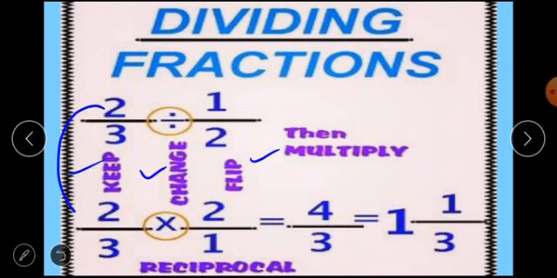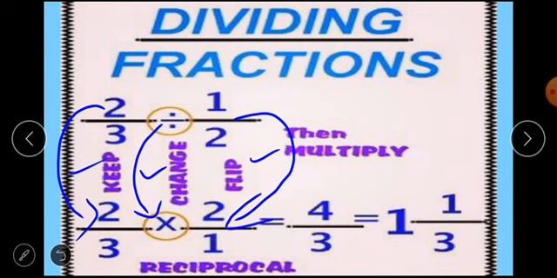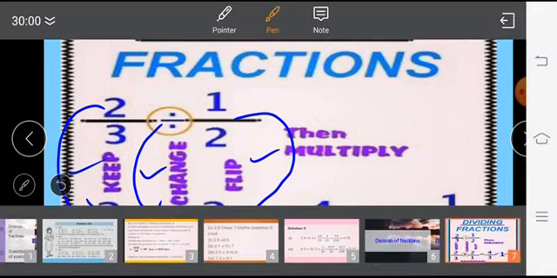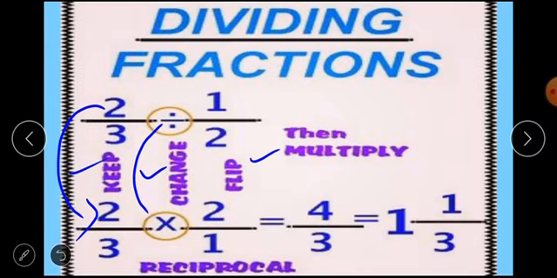Keep the first fractional number as it is, then change the division into multiplication, and then flip the number. It means the fractional number given after the division, you will take the reciprocal of that number. It means 1 by 2 will be equal to 2 upon 1. So 2 into 2 you will get 4, and 4 upon 3.